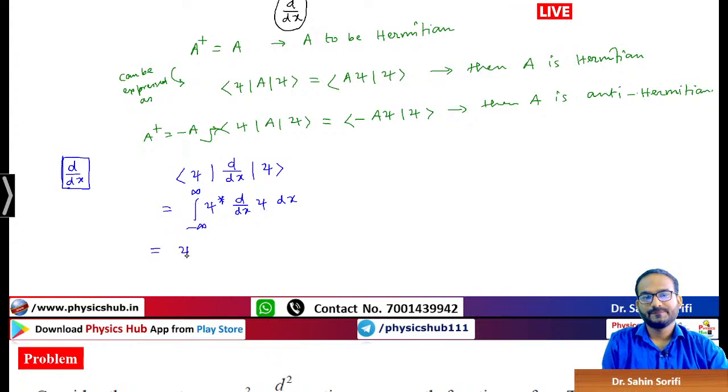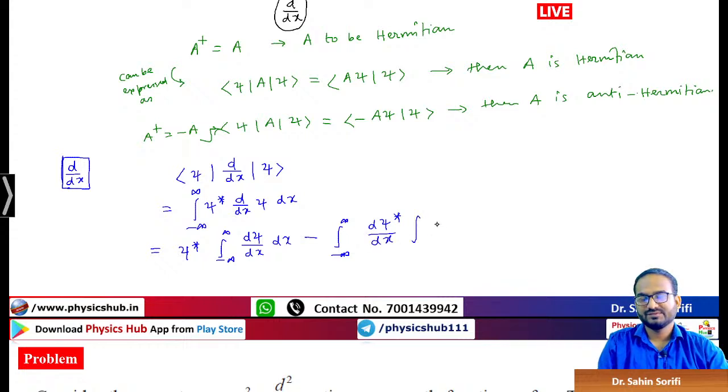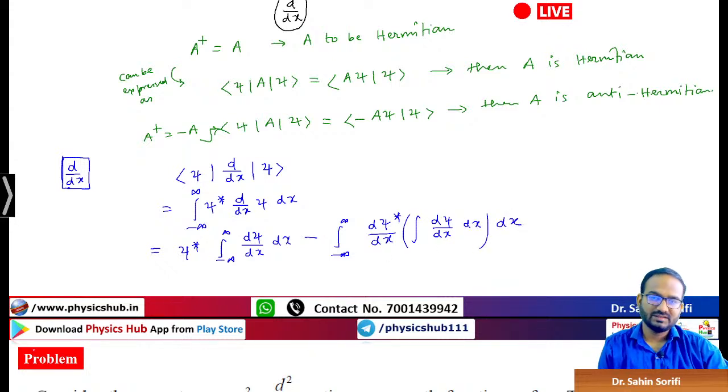So u times the integration of v dx, so d psi by dx times dx, minus the integration of du/dx, so d psi star by dx, times the integration of v dx, d psi by dx dx, then we multiply dx.